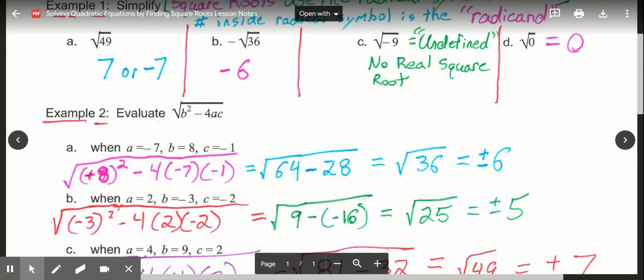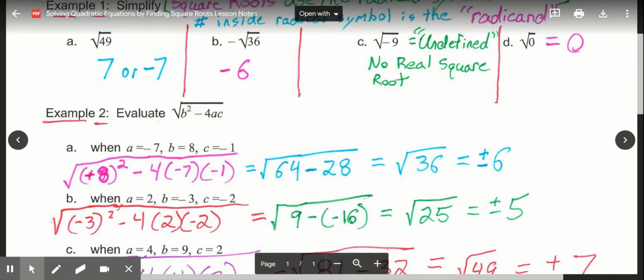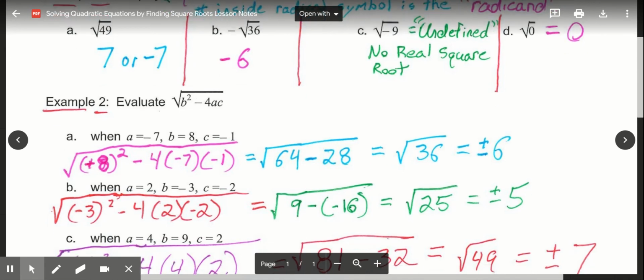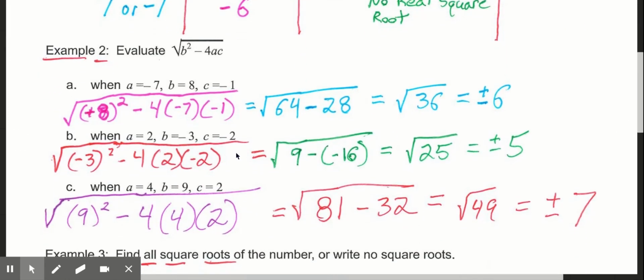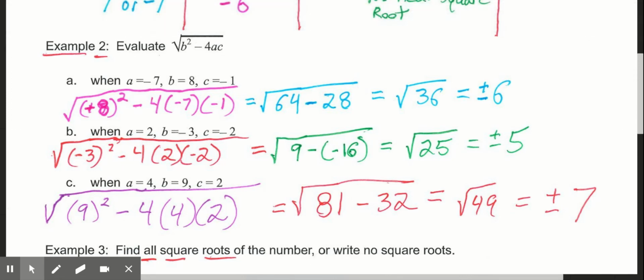In evaluating, that simply means to simplify or solve as far as possible. So we have b squared minus 4ac inside of the radical. They gave us three values in part A: a equals negative 7, b equals 8, and c equals negative 1.